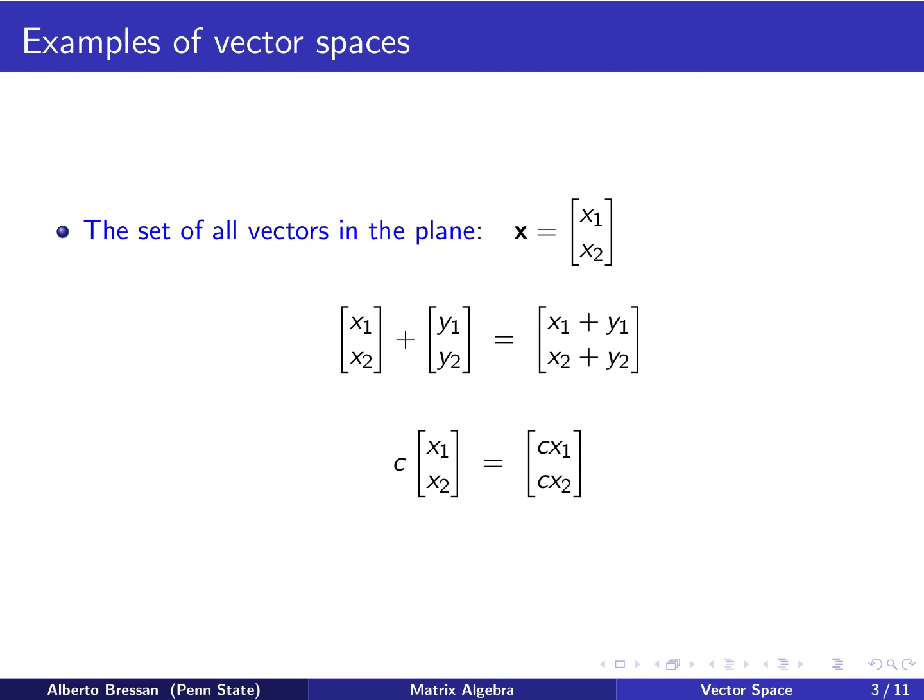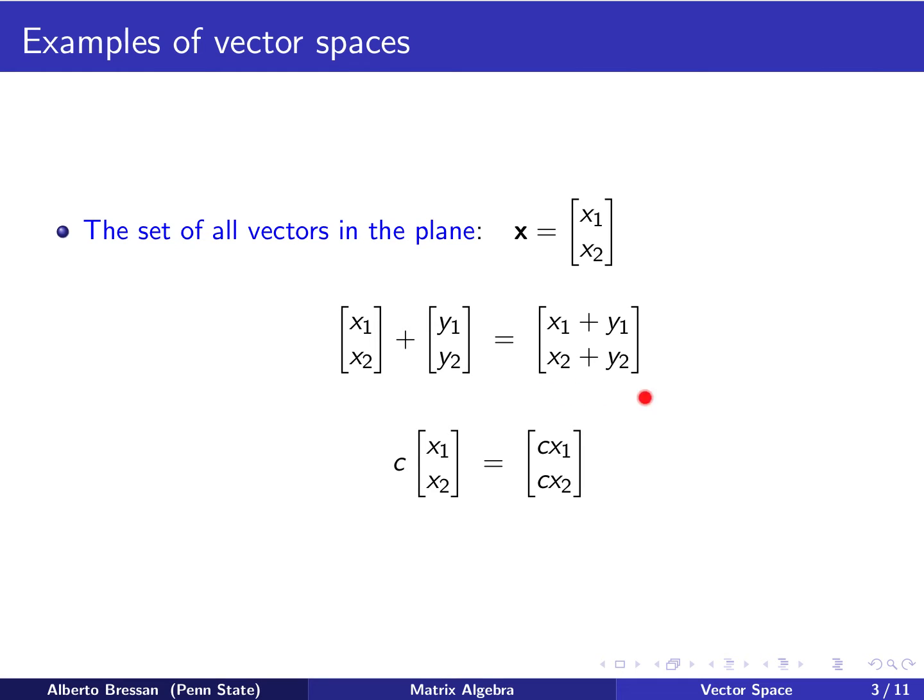Now let's take some examples of vector spaces. The first example, to fit its name, let's consider all vectors in the plane. So this is a vector x with two elements x1 and x2. It's a two-dimensional plane. And then let y with elements y1 and y2 also be in the same plane. Let's check. If I add up two elements, you can perform the vector addition, and then you will have x1 plus y1 in the first element, x2 plus y2 in the second element.